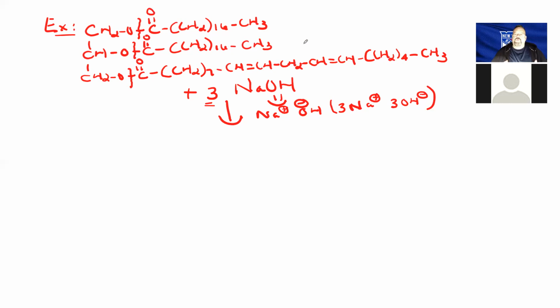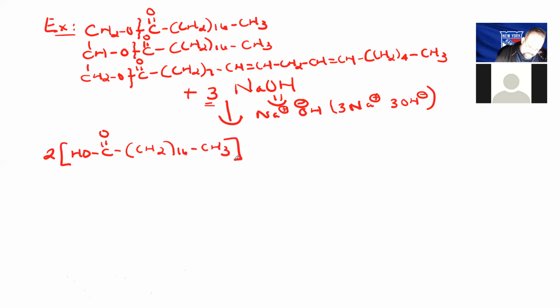Now, you could draw all 3 of them out, but for the 2 that are the same, what I would do is just put a 2 out in front to remind yourself that you have 2 of them. And then we can translate that into the product as well.